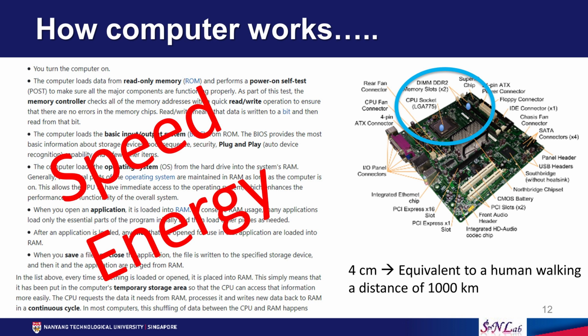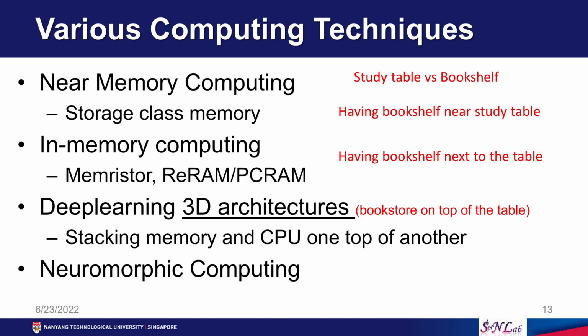As a result of this and a few other issues, people are looking at various computing technologies. From the von Neumann architecture, people are moving towards many different architectures. There is one computing technology called near memory computing. Then there is also something called in-memory computing. Then there are deep learning 3D architectures and so on.